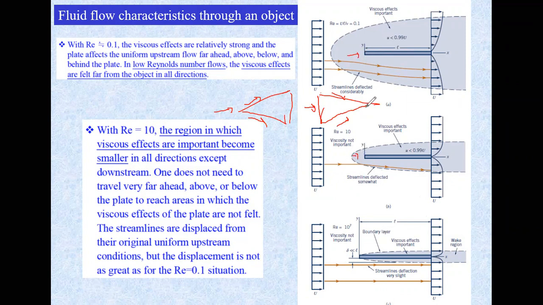Okay, but imagine that you change your shape into like this, then you have a small shear stress, because the flow will be separated over here, so you will have a small fluid layer attached to this shape. But remember, you have the pressure force, which will cause the drag also.